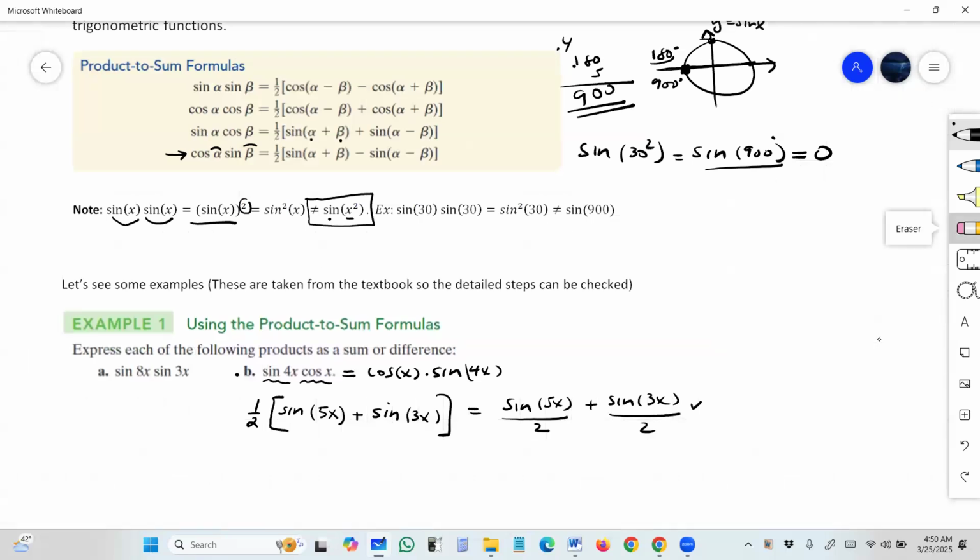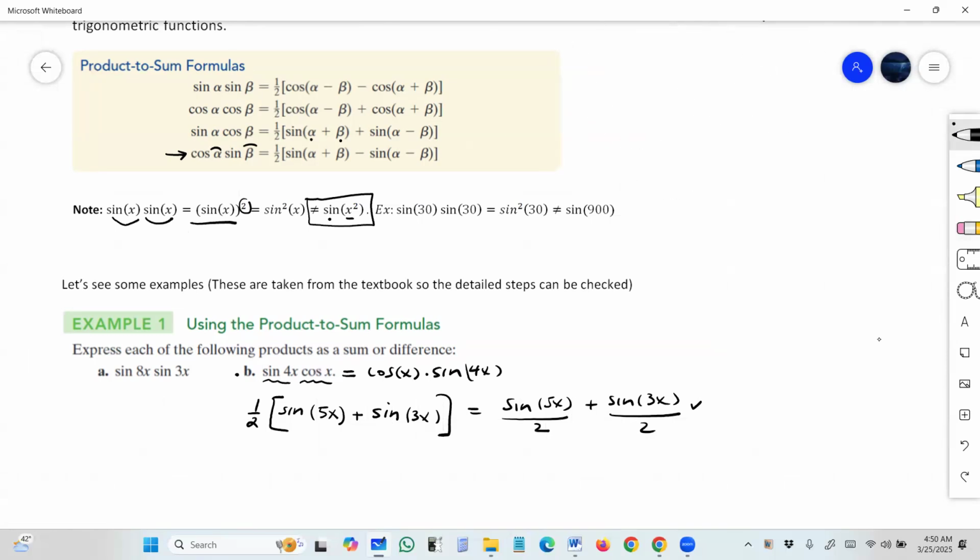You just have to be aware of how to deal with the value of sine and cosine on different quadrants. So I'm going to simplify this expression using the product to sum formula, the last one right here, and I am going to end up with the same answer after I do something.